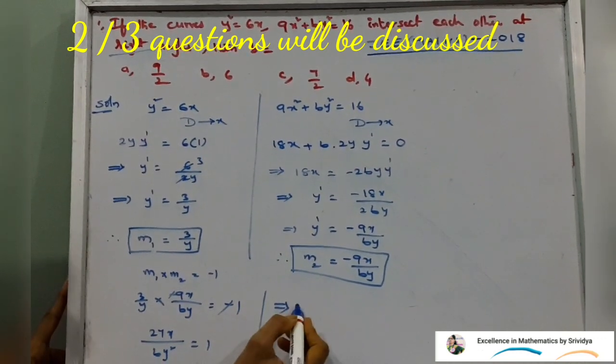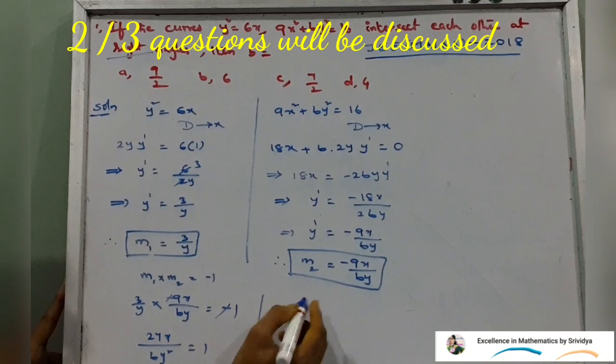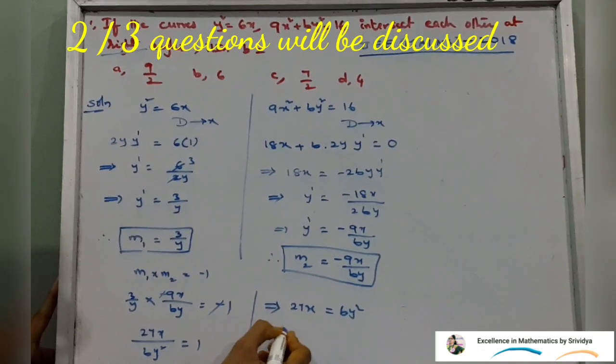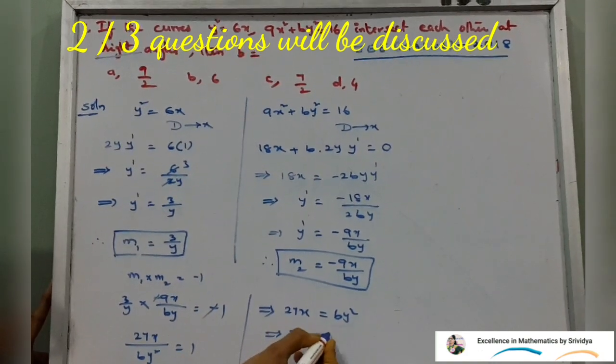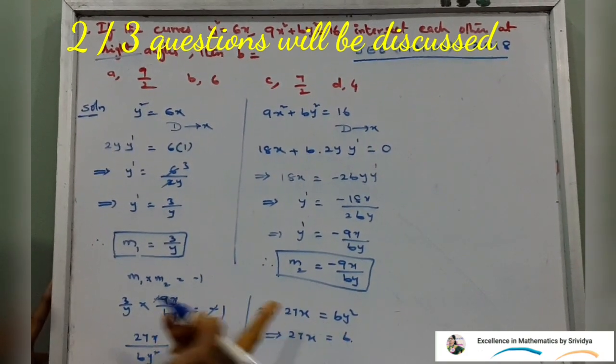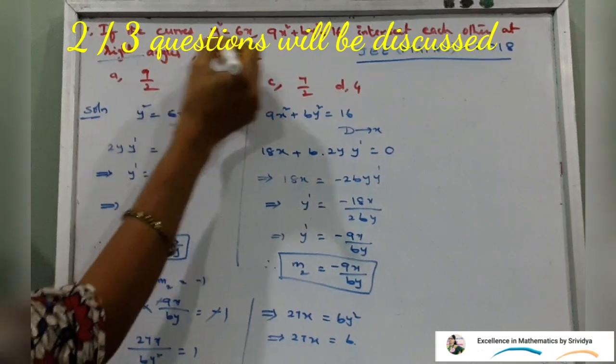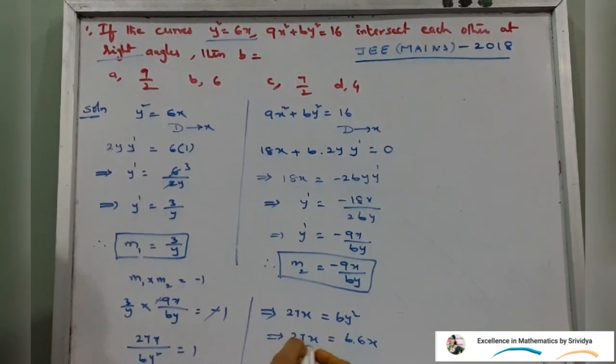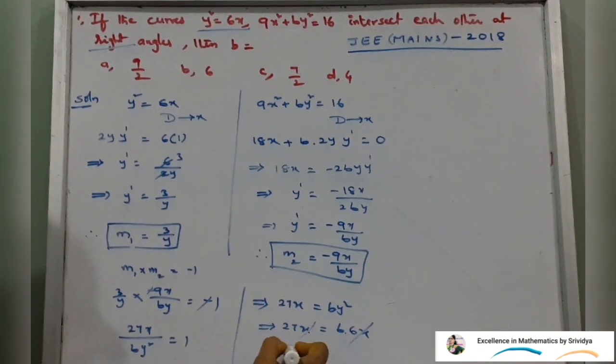This implies 27x is equal to by square. Implies 27x is equal to b into, we know that y square is equal to 6x. X gets cancelled.